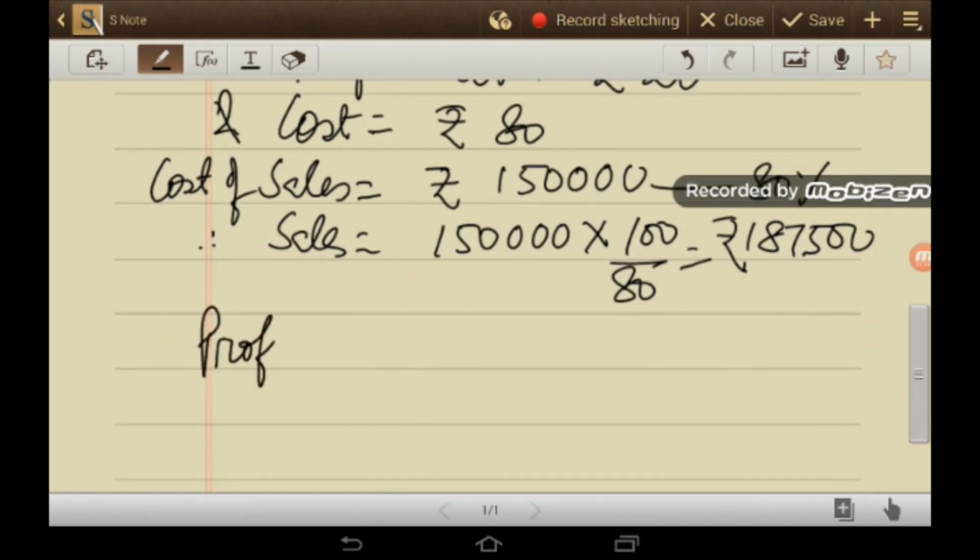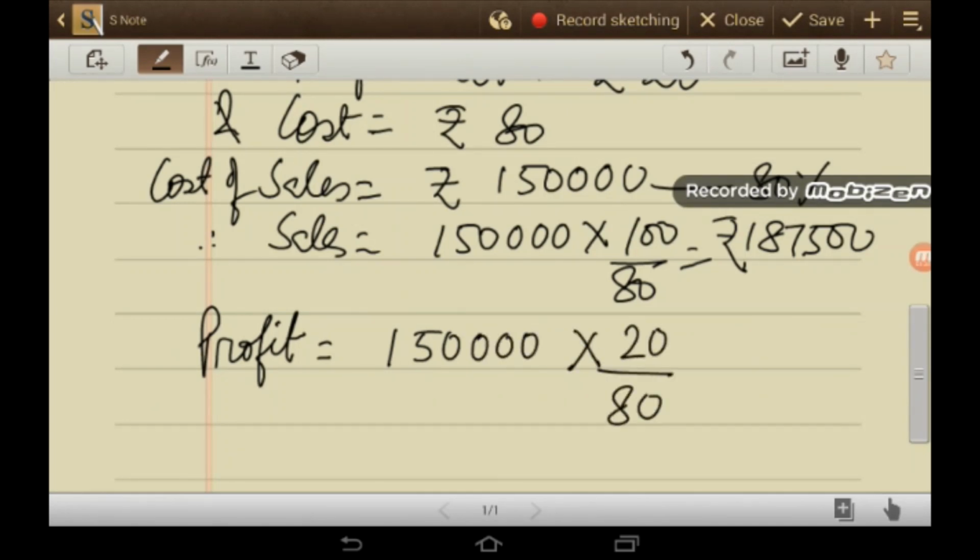Profit is equal to 1,50,000 into 20 by 80. So this will be equal to rupees 37,500.